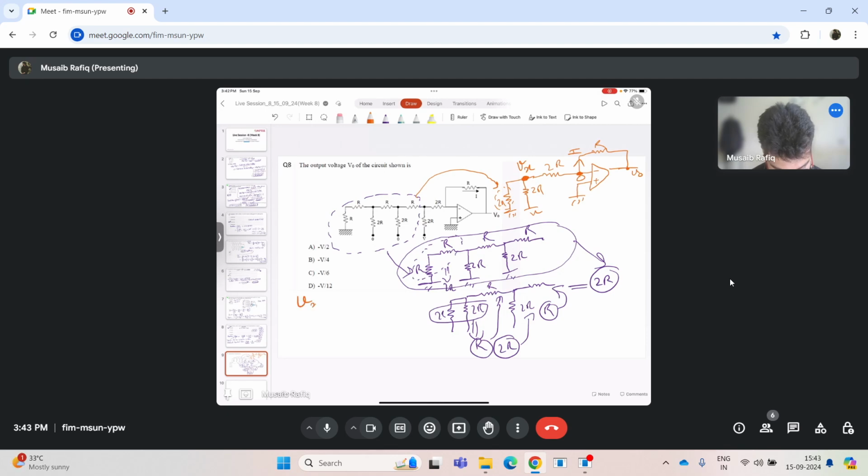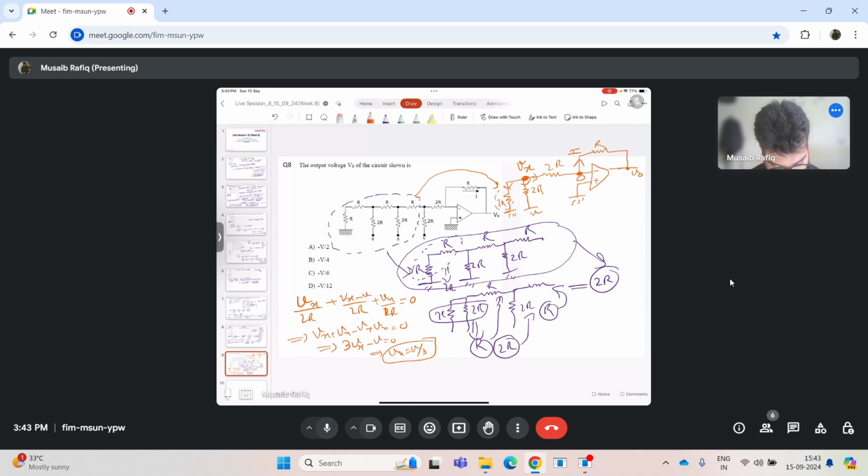Vx by 2R, that is this, plus (Vx minus V) by 2R, that is this, plus Vx by 2R is equal to 0. That implies Vx plus Vx minus V plus Vx is equal to 0. That implies 3Vx minus V is equal to 0.